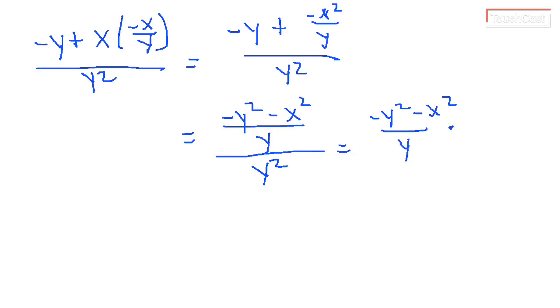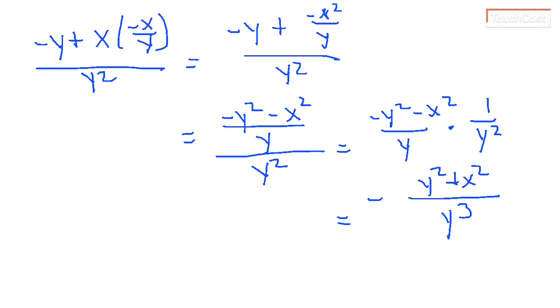And if we use our rules for dividing fractions, we can multiply by 1 over y squared instead of dividing by y squared. So we're going to end up with, in fact, I'm going to just factor a negative out of negative y squared minus x squared, make it negative, and then our fraction. So y squared plus x squared over y cubed.